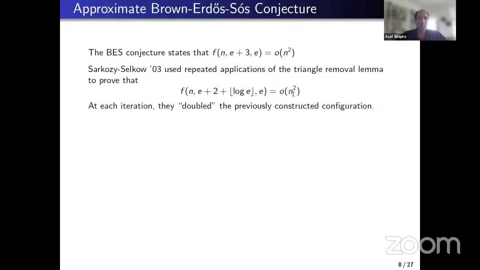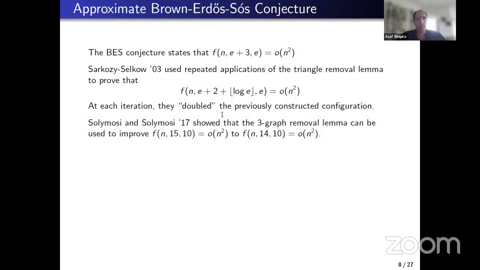To do this, they used a process in which, at each stage, they doubled the size of the previously constructed configuration, where at each step they lost a single vertex in the difference between the number of vertices and edges, and this is why you get this log e.